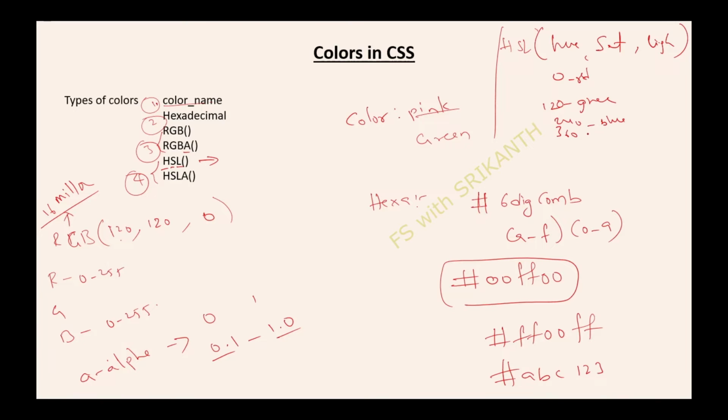Again it is red, green, blue only, but it is a different way to represent RGB. Saturation and lightness are represented as percentages. When we reach 100%, we get the original color. Saturation is nothing but the shade of the color, and we will check how it works.